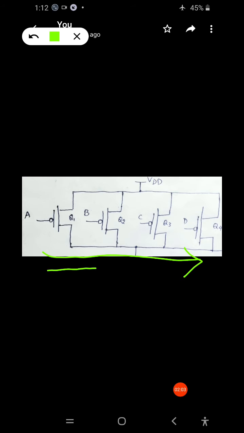So in the NAND gate the PMOS transistors should be connected in parallel: Q1, Q2, Q3 and Q4 are all connected in parallel.